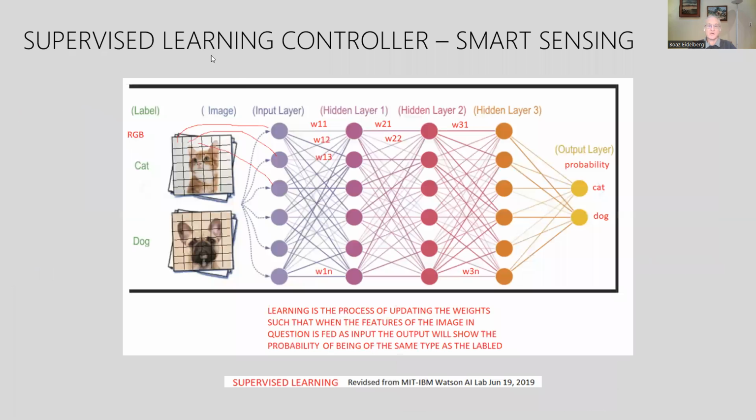Let's take a closer look at two main machine learning technologies which are used in motion control. The supervised learning in motion control is used for smart sensing. For example, we have labels, cats and dogs, and then we feed in the features of these labels, which could be RGB of each one of these little squares.